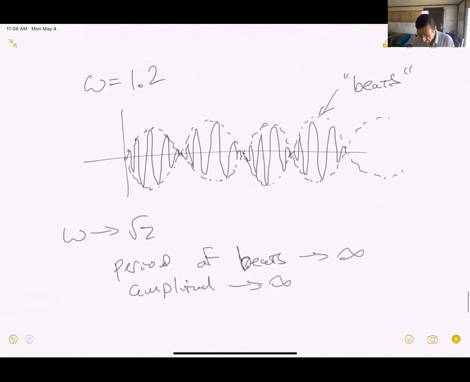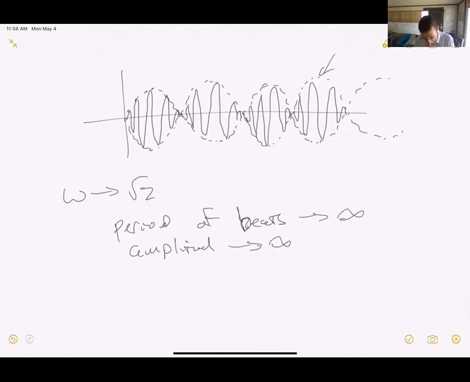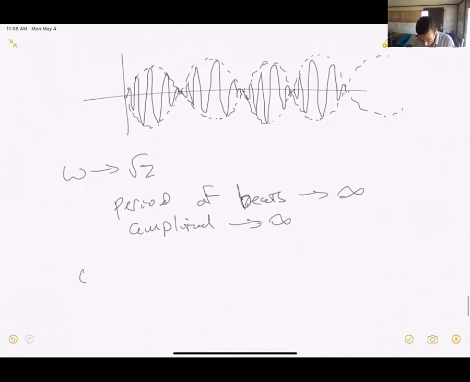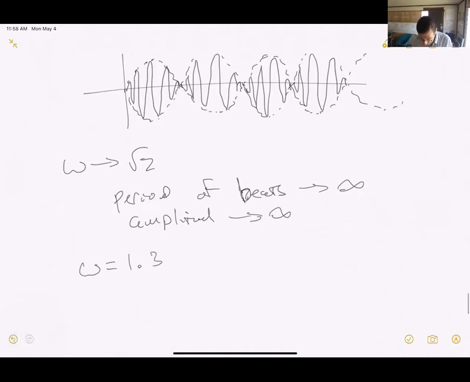So if omega were a little bit closer, say square root of 2 is actually about 1.4, so let's say I used 1.3, the picture might look more like this.